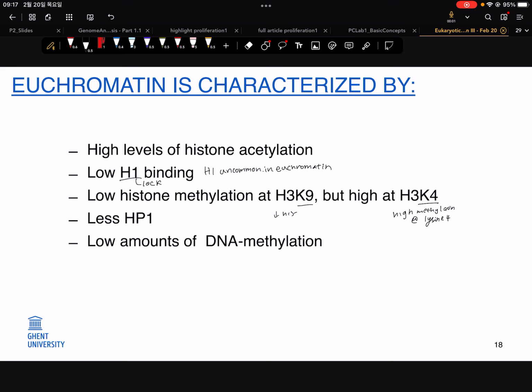You also have low levels of heterochromatin protein 1, a lot less. And also low amounts of DNA methylation.